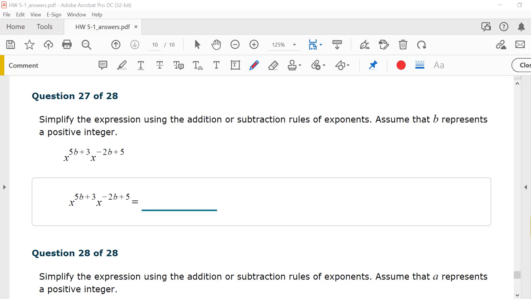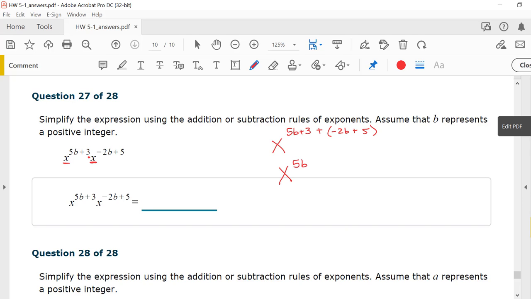All right, simplify the expression. X to the 5b plus 3 times x to the negative 2b plus 5. Those are like bases, and I'm multiplying them. So I'm going to add the exponents. 5b plus 3 plus negative 2b plus 5.